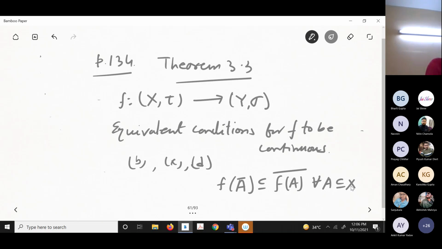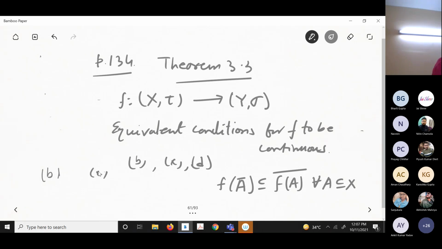Okay, proof. You can see there will be similar proof, except now I want to explain them. Look, sequential characterization of continuity is missing. Now look, previous result for metric space, from B to C, it didn't go straight.